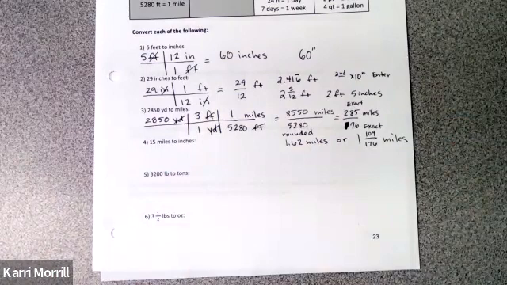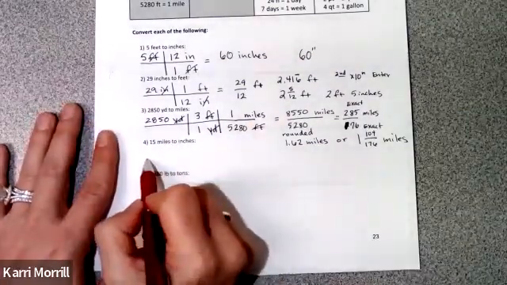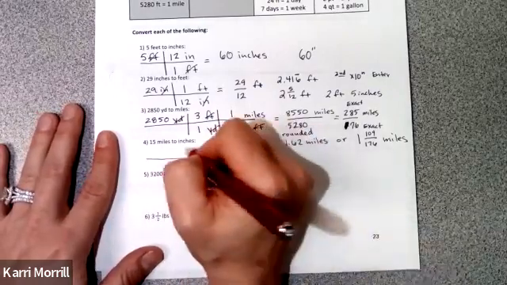Okay, so then we need to go miles to inches, but we don't know how many inches are in a mile. But we do know how many inches are in a foot, right? So we have 12 inches in a foot, a middle conversion again. So sometimes you have to do 3 things.